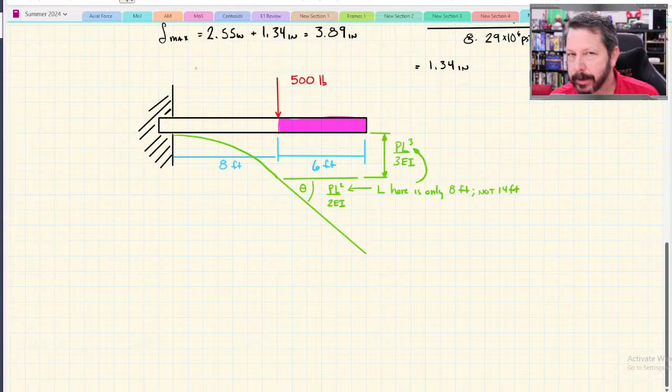That L is the distance from the support, the wall, to the point load, not all the way out to the pink part of the beam. So how do we calculate the rest of our deflection if we want to find delta max? That's what we're trying to do. That would be the deflection at the very end of the beam. So we need the rest of this deflection. We need this distance. It's going to be kind of cluttery there.